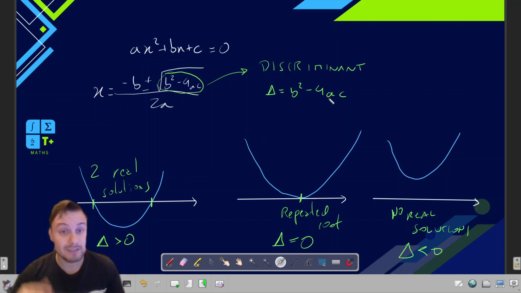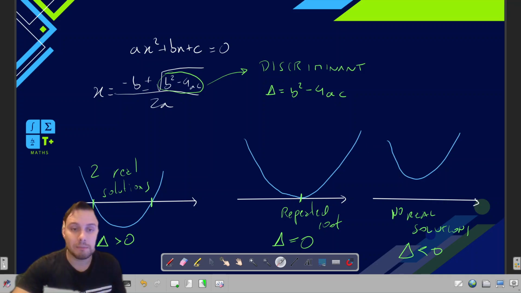That is studied in the following paper, Pure Mathematics 3, complex numbers. For now we just need to focus on the fact that a negative discriminant implies no real solutions.